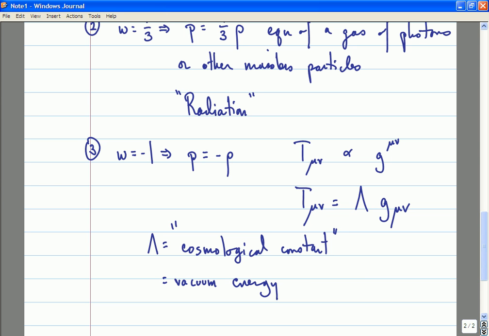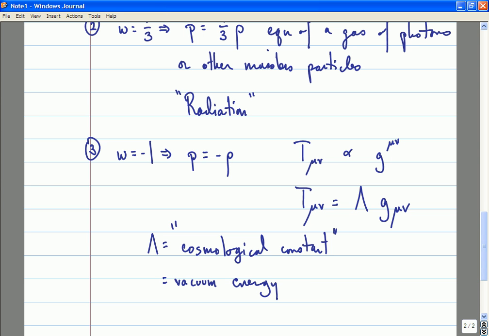And so to postulate this type of matter appearing in Einstein's equations would be quite a leap. It would be postulating a new sort of matter as a source term in general relativity that we haven't observed here on Earth. In fact, we would not be the first to postulate it.